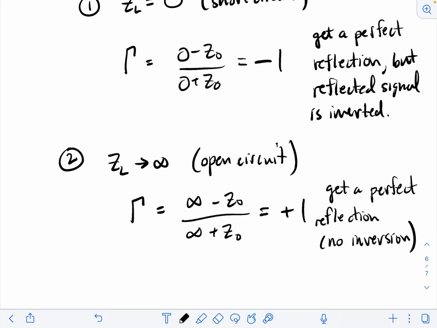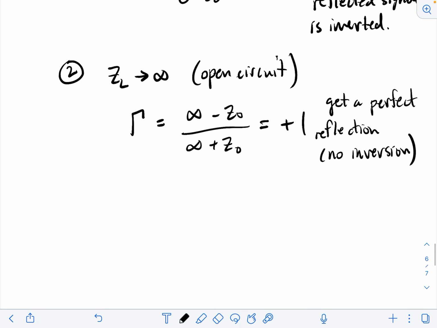Okay, the third special case, which you might have already imagined, is we can set ZL equal to Z naught, the characteristic impedance. Remember, for a coaxial transmission line, we said that was 50 ohms. So if you take a coaxial cable that we have in the lab and you terminate one end with 50 ohms, then what happens to any signal incident on that?